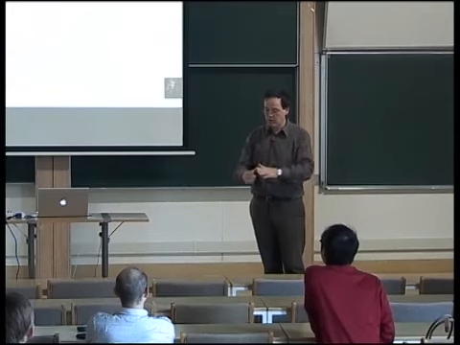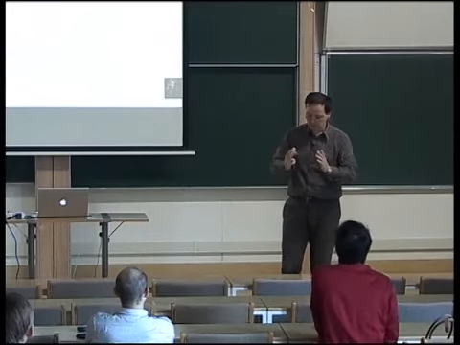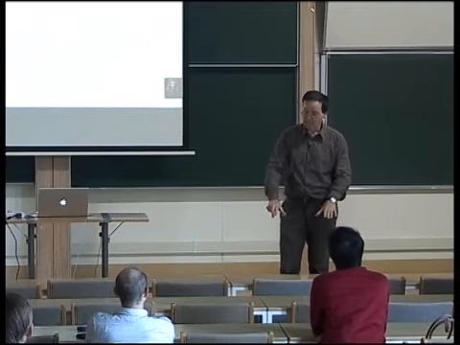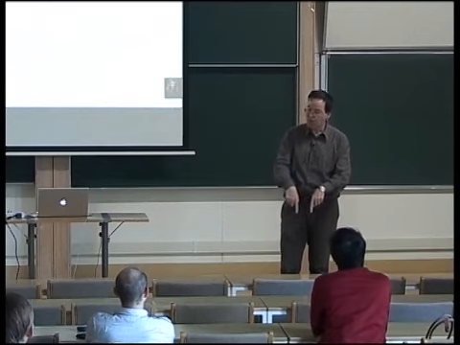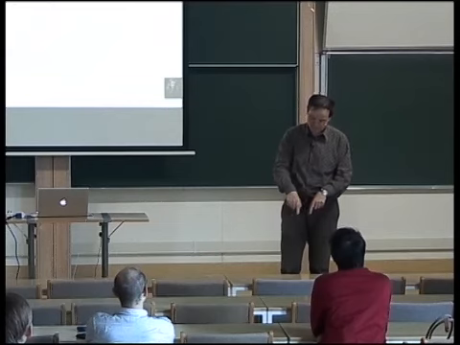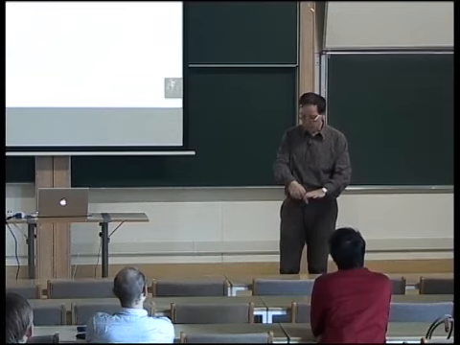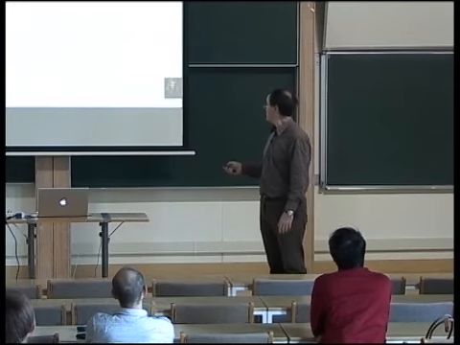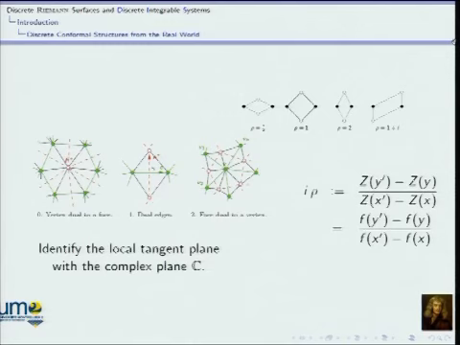Whenever you take 2 adjacent triangles, you can put them in the plane with the 2 adjacent circumcircle centers, and then you can compute. That is to say, you can locally identify these 2 triangles with the complex plane C and compute these ratios of diagonals or cross ratios.